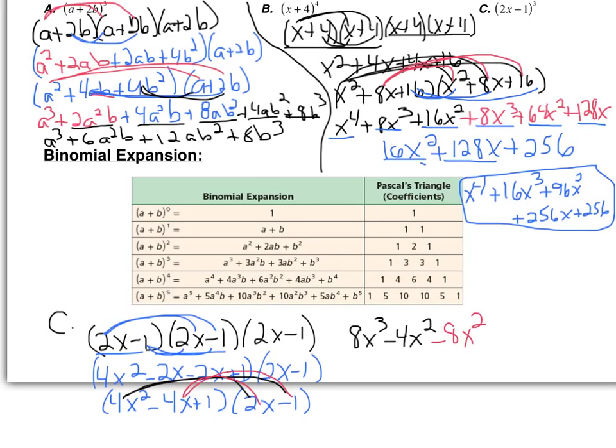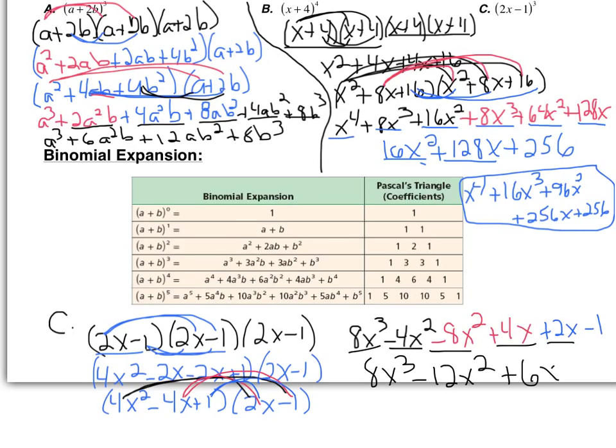Negative 4x times negative 1 is plus 4x. And then our last, we have 1 times 2x is plus 2x. And 1 times negative 1 is minus 1. And then combine like terms. So we have 8x cubed, minus 4x squared minus 8x squared, we have minus 12x squared. 4x plus 2x is 6x minus 1.